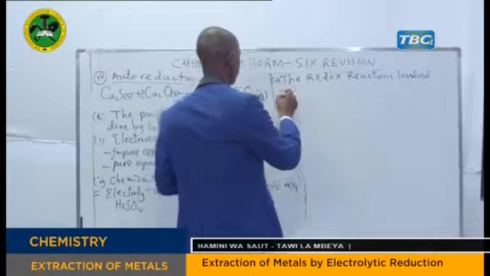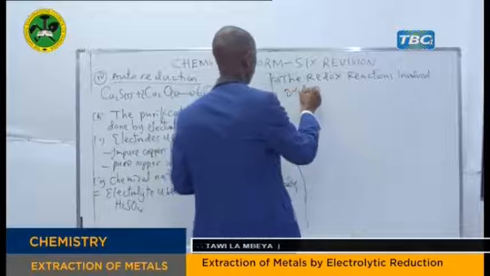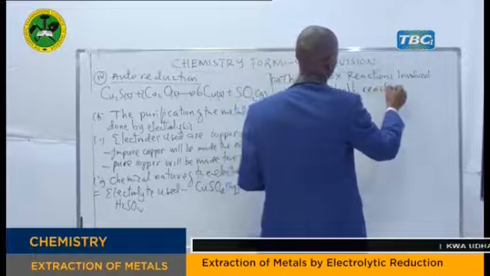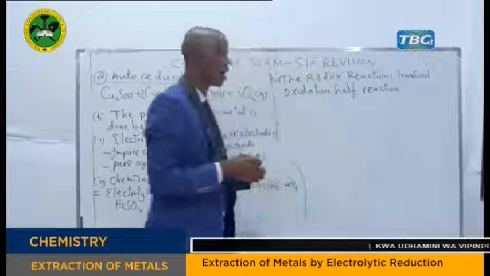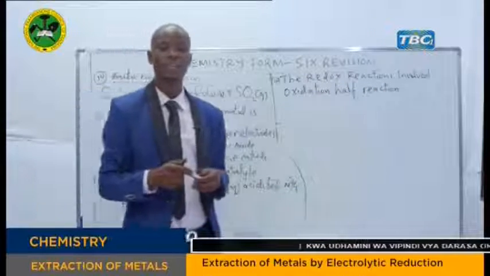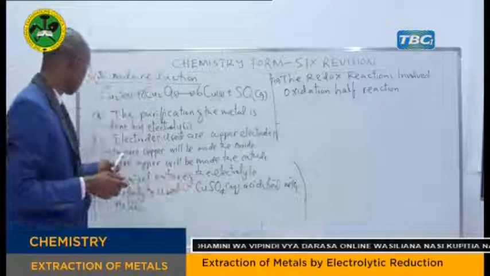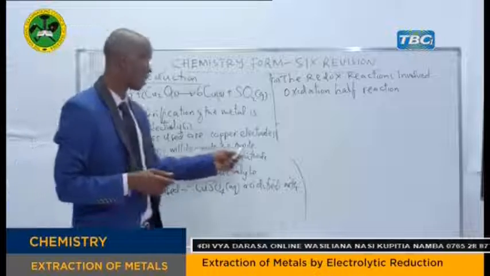So starting with the oxidation half reaction, this is taking place at the anode. So if you remember here, the impure copper was made the anode.